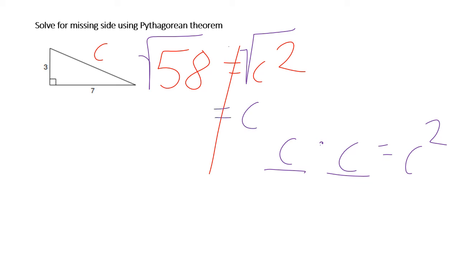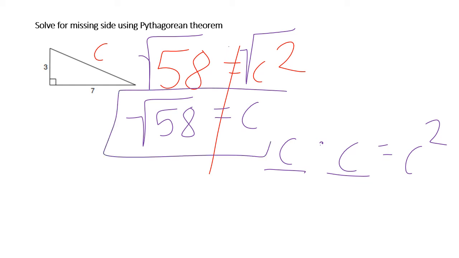And then the square root of 58, we're just going to put here because the square root of 58 is an irrational number. It's kind of like a fraction that doesn't actually simplify to an easy number to write, kind of like 2/3. So we're just going to leave square root of 58 equals c here.